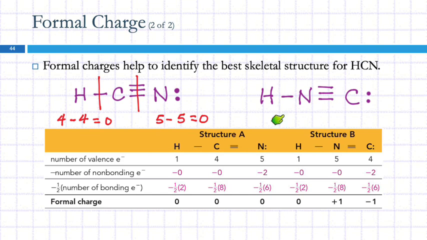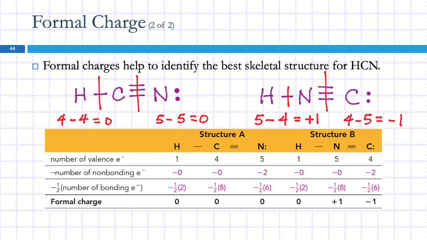If we look at this one over here and break it up, hydrogen always ends up being 0. But here's our nitrogen. Nitrogen brought 5 electrons to the business, and it's going to leave with 1, 2, 3, 4. So that's a positive 1 formal charge. The carbon here brought 4 electrons, and it's going to leave with 5.